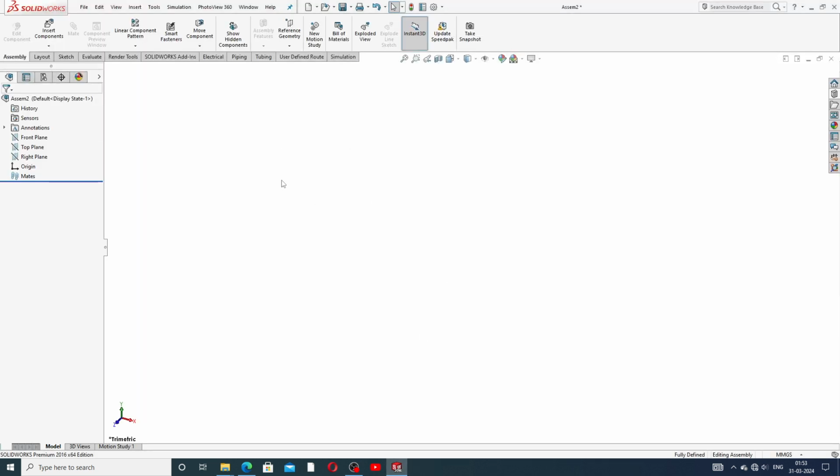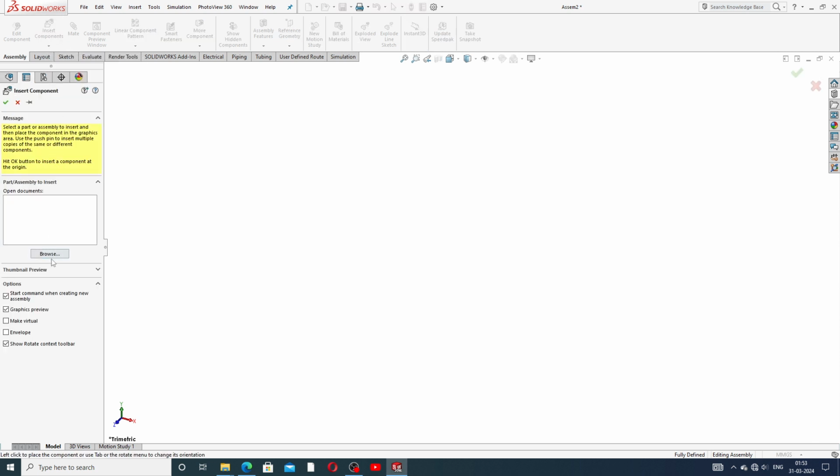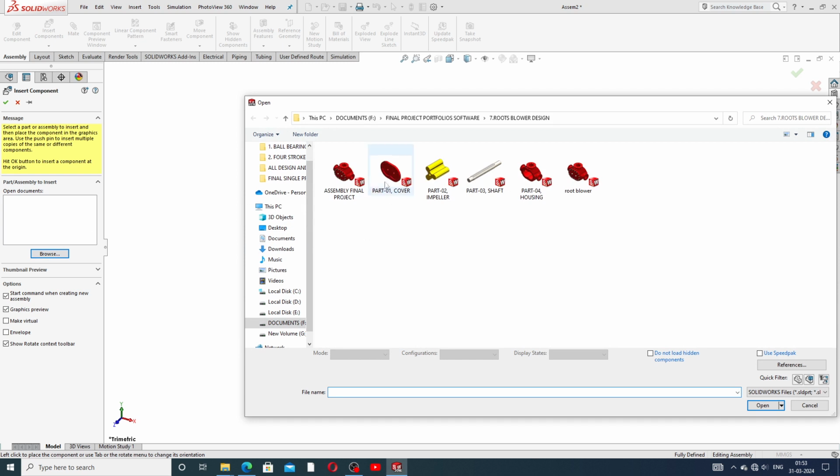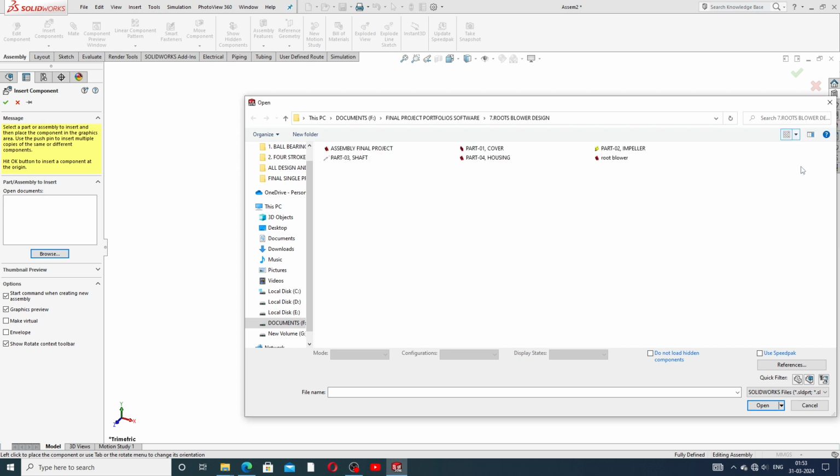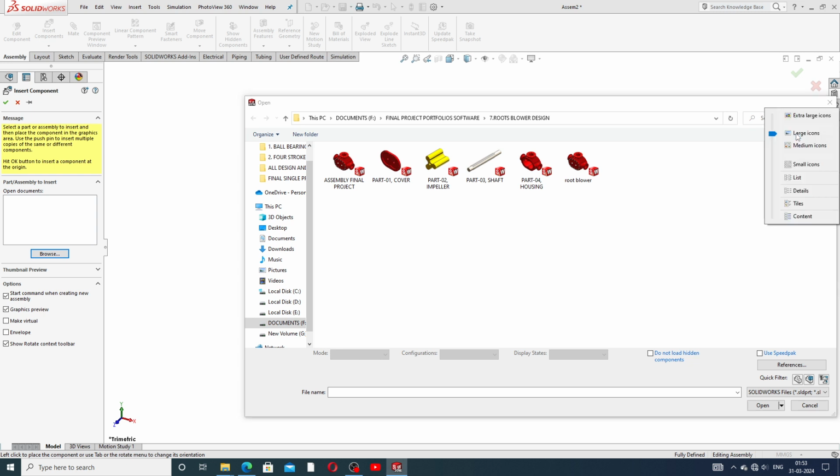Okay, this is the workspace. At first, go to Insert Part and open the browser, save any part here, and then open this part. This size is an increase; this is a small icon. Okay, use this large icon, and this is extra large.